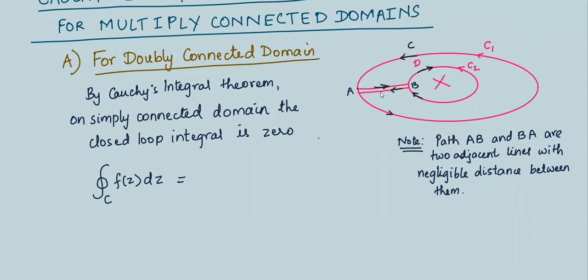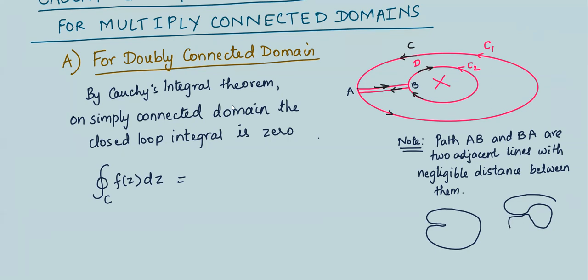So basically it's the same domain. What we have done is we have taken a path like this, which is a simply connected domain. There is nothing that we can tell that this is not a simply connected domain. They're not touching each other, by the way.